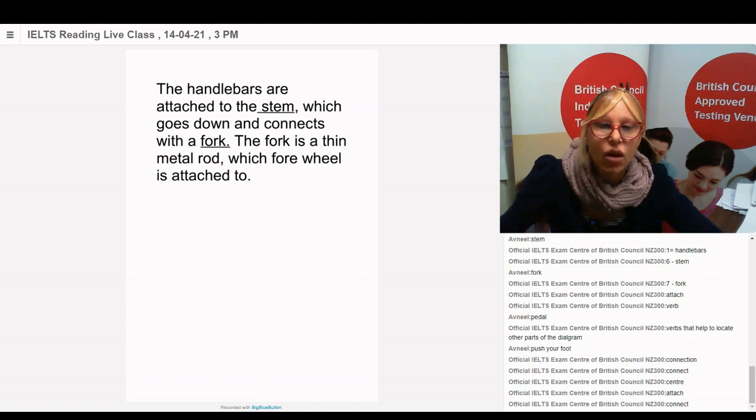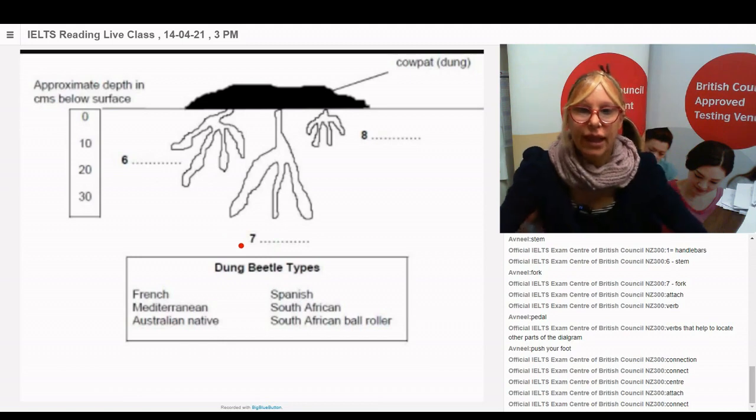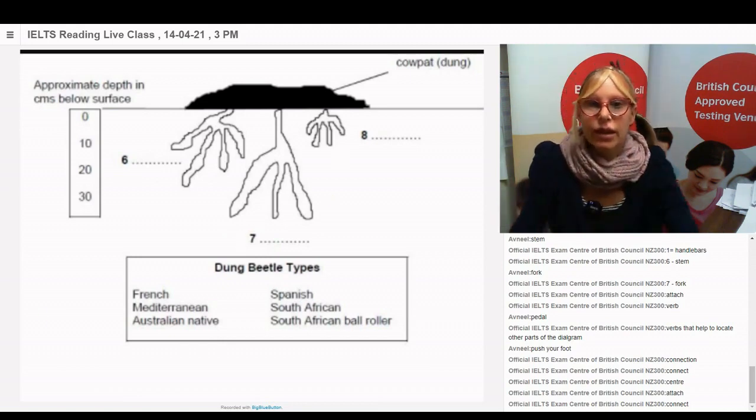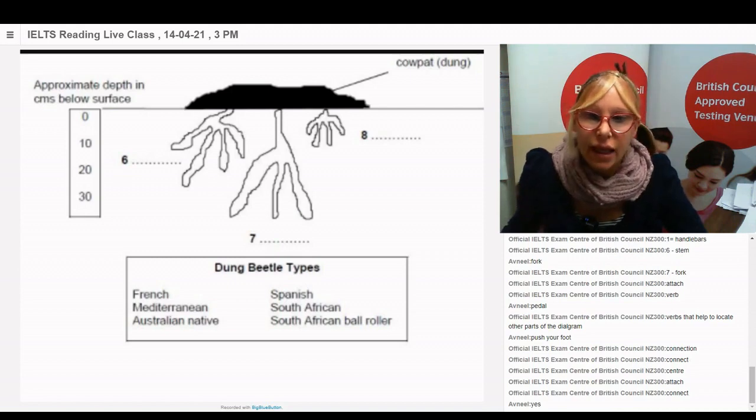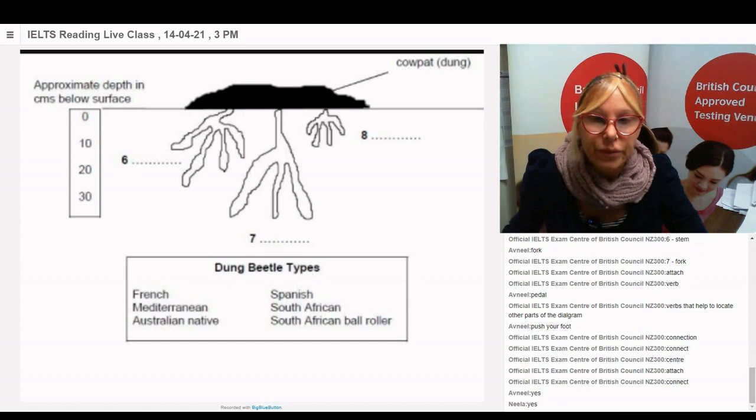It's not clear, but we can see that that's number 6, number 7, and number 8. Is that okay for you guys? Yeah? Okay, so you can take a photo if you want, or I can just keep switching between the two documents. But now I'm going to go back to the reading of this picture.